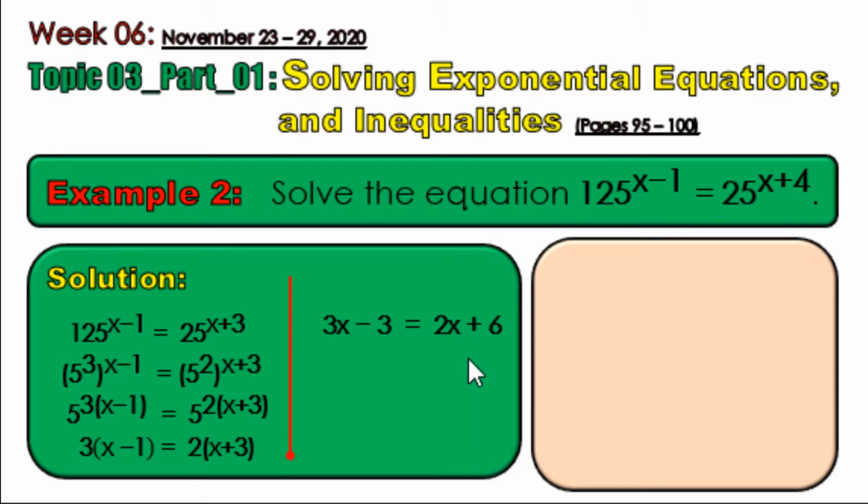For this equation, we will be combining similar terms. So we have 3x minus 2x, and we have 6 plus 3, which is positive 3 by applying the addition property of equality.